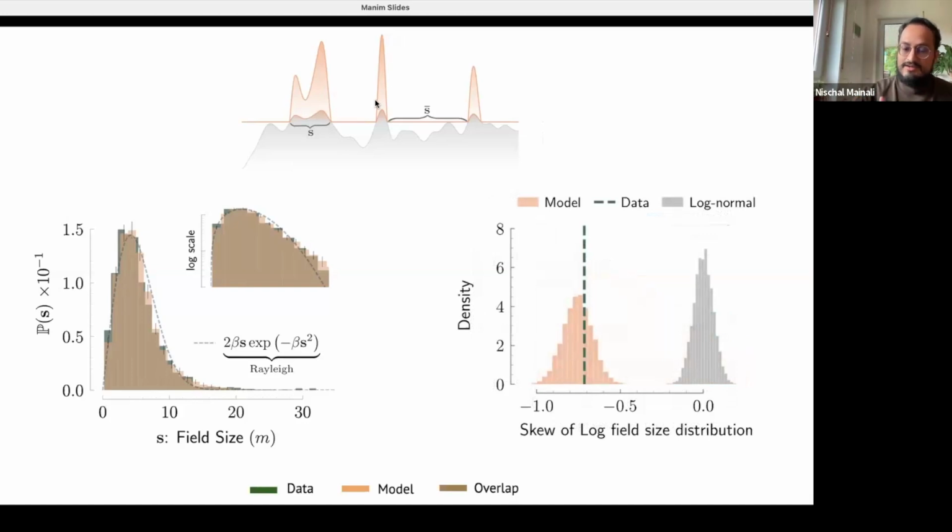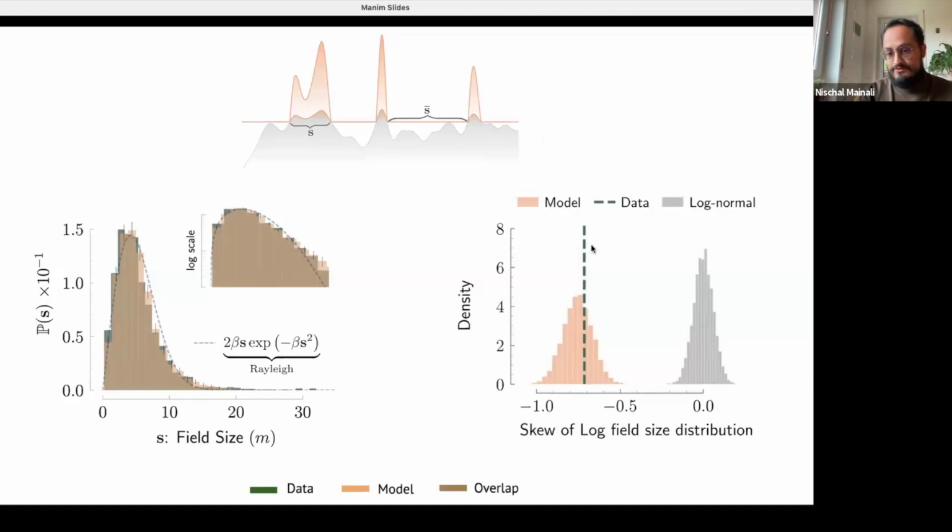We get one histogram, we measure the skew, and we repeat the procedure. So we get a distribution of skew, both for the log normal model for place fields and the thresholded Gaussian process. And here what you see is these histograms and the skew measured in the data, which is mostly very consistent with the skew in the model.